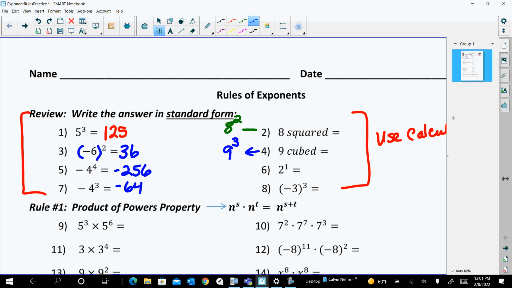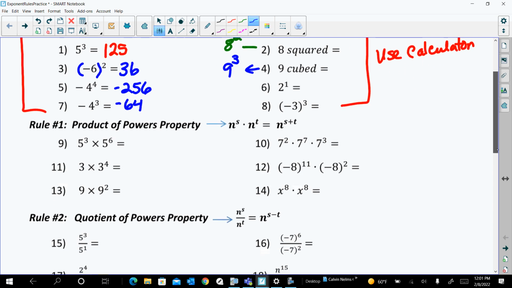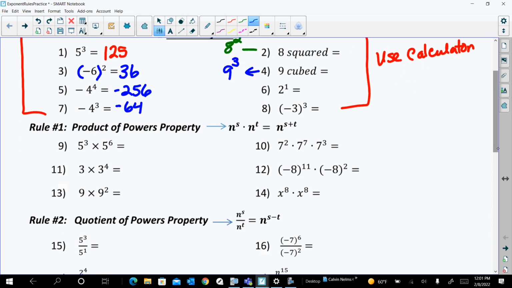Okay, so when you get to rule number 1, rule number 1 is the product rule. For this rule, it's giving you a reminder that you have to add your exponents. They just want to see that you simplify correctly using the product rule. So here, this would be the base of 5 to the 9th power.